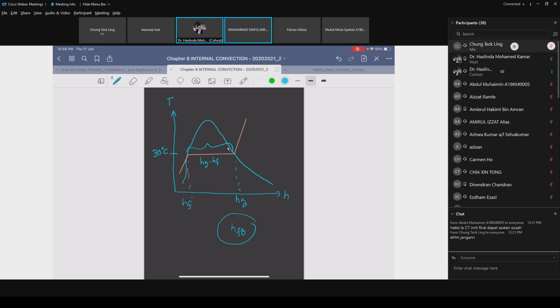Maksudnya at this point, the phase of the water is liquid. But after the process, this vaporization, HFG, Hg minus HF, from this point to this point, all the water becomes vapor. So that we call it as heat of vaporization, HFG. Okay, itu maksud dia tadi.